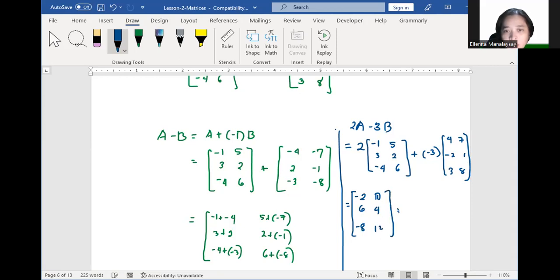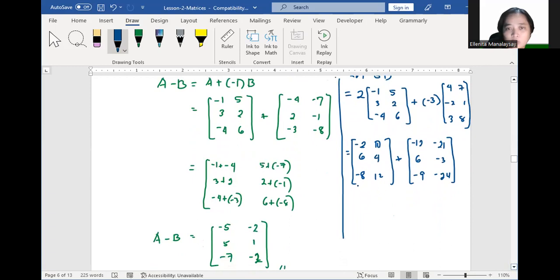Plus, the second matrix will be multiplied by -3. That will give us -12, -21, +6, -3, -9, and -24. And then afterwards, we add these two matrices. Both are 3 by 2, so we can get the sum.